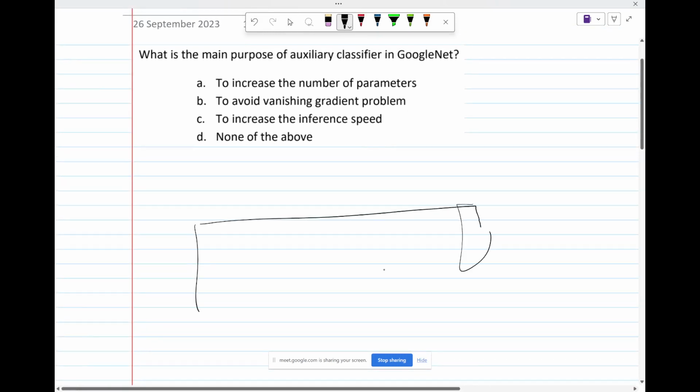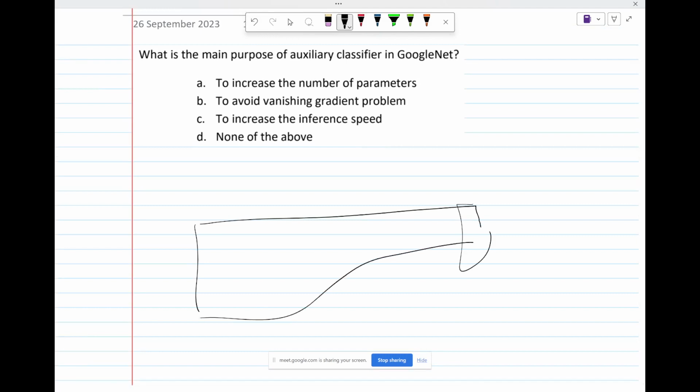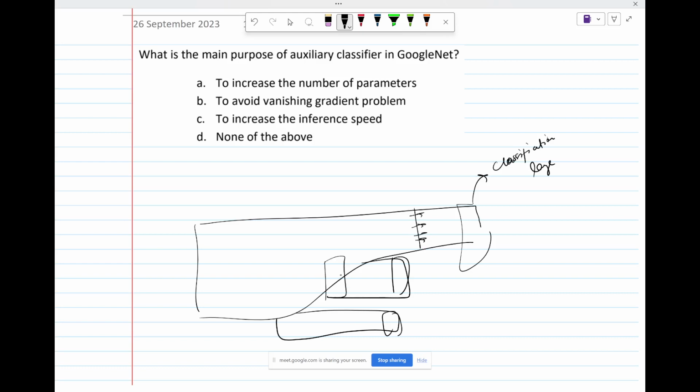where you had a classification layer. Here there was a classification layer, fully connected, and then again here you had a classification layer, and here also you had a classification layer. So basically, the inputs from here you are classifying into your respective classes. The inputs from here also you are classifying.